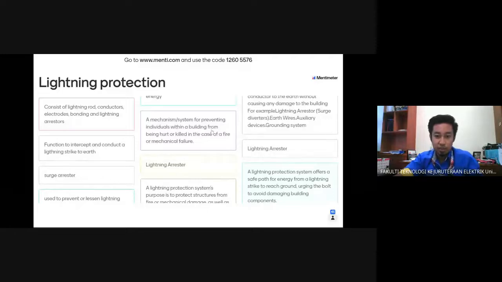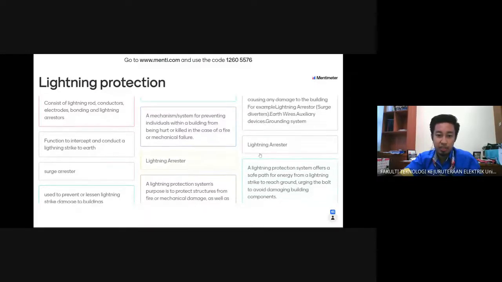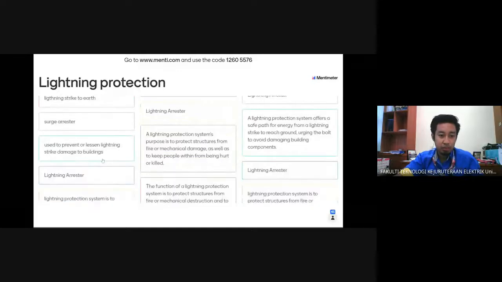A mechanism system for preventing individuals within the building from being hurt or killed in the case of fire, mechanical failure, lightning arrestor. Used to prevent lightning strike damage to the building. A lightning protection system's purpose is to protect the structure from fire and mechanical damage, as well as to keep people within the building from being hurt or killed.